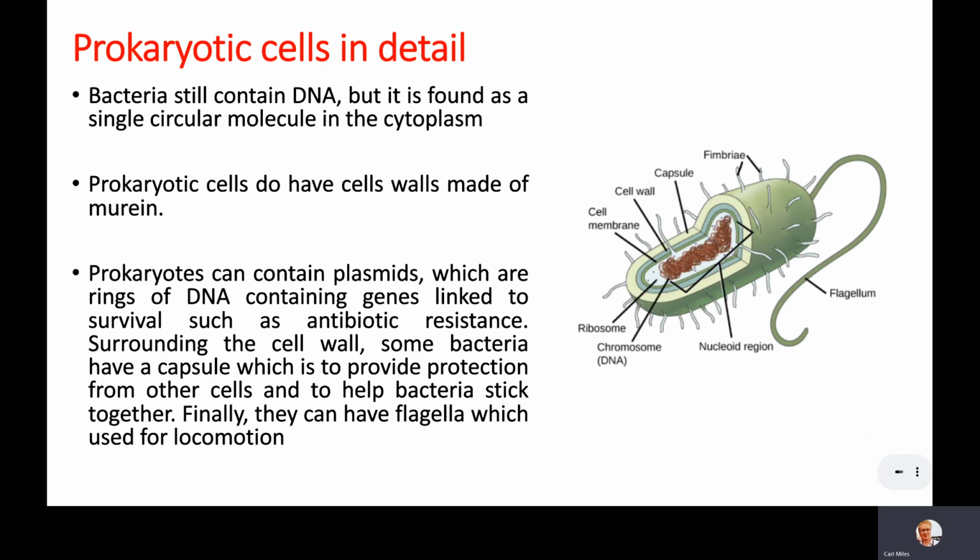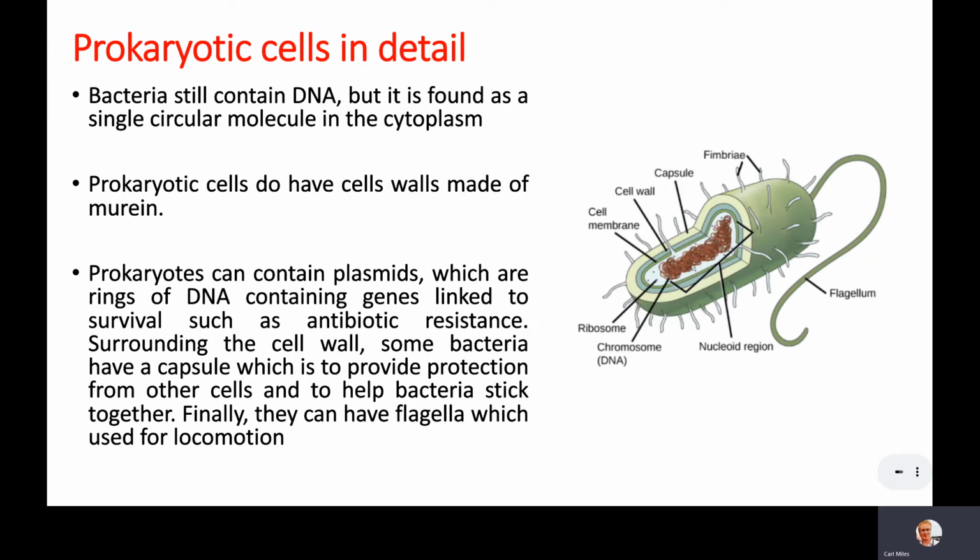Sometimes people will say, well, bacteria doesn't have any DNA, it has no genetic material. Well, that's not true at all. It's most definite that a prokaryotic cell would certainly have genetic material. In the case of bacteria, it's DNA, but it would be found in a circular molecule within the cytoplasm.